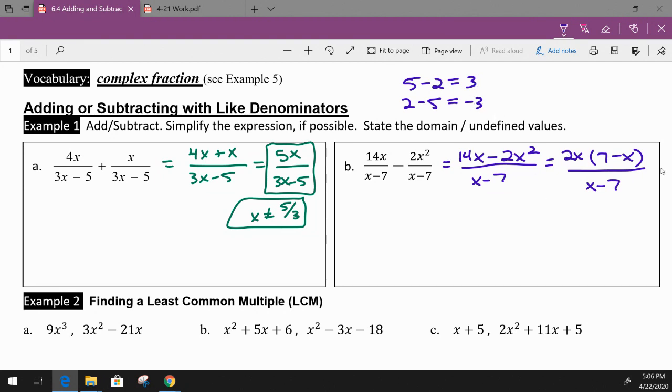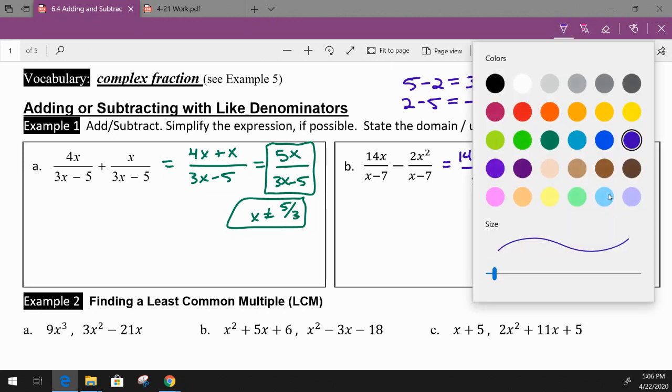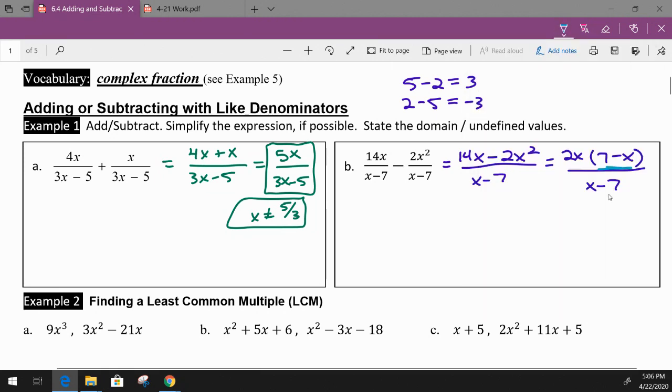So one thing that you want to learn how to do is when you do have a binomial like this, where they're in the wrong order, you can factor out a negative 1. So if I take, let me just use a different color here. So if I take this binomial, 7 minus x, and I rewrite it in standard form, I would put the negative x in front plus 7. So you can see that the 7 and the negative x have really not changed.